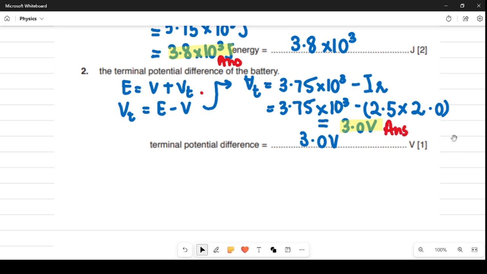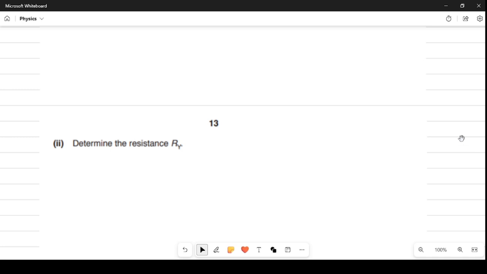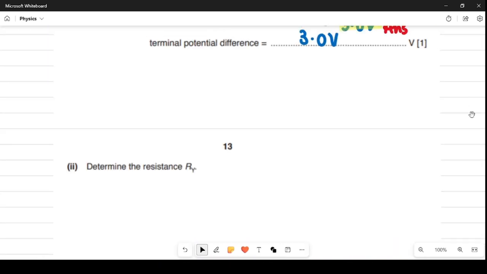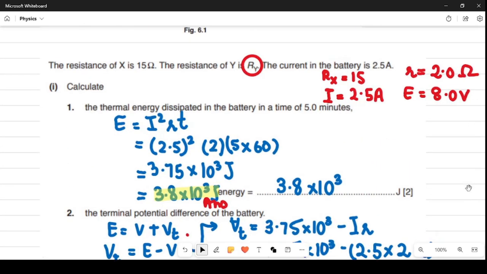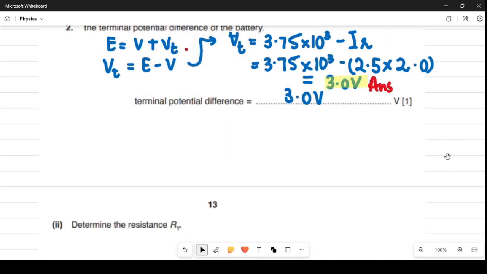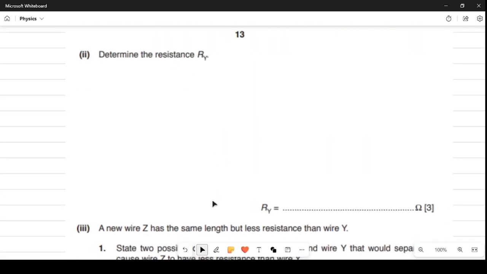Okay, let's move on. Determine the resistance R of Y. We have the resistance of X, we have the entire current, and then we have the voltage. So let's use Kirchhoff's first law.